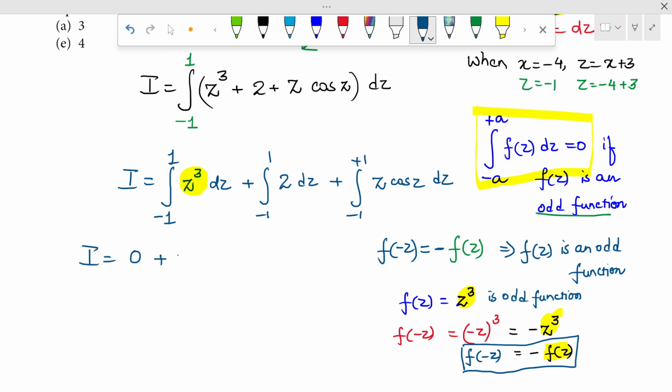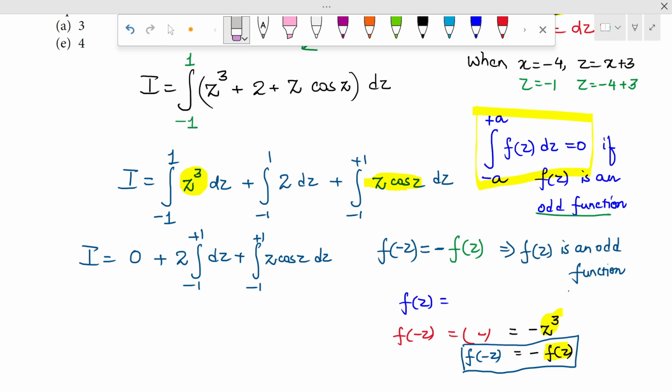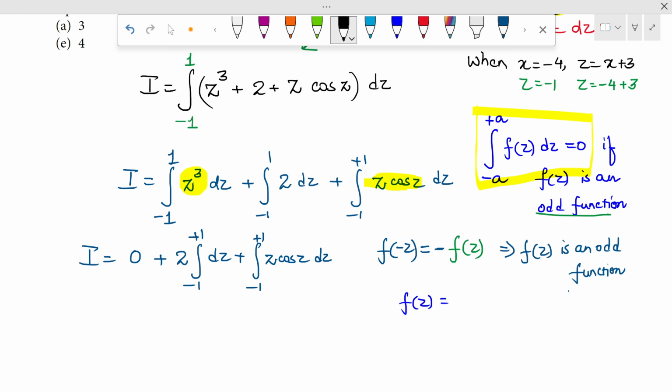Now, 2 is constant, so it will come out: minus 1 to 1 dz. Plus, for this function, let's check if this is an odd or an even function. So this time if we take f(z) as z cos z. Now before that, students, do we know that cos of minus theta is equal to cos theta? Therefore cos of minus z is equal to cos z.